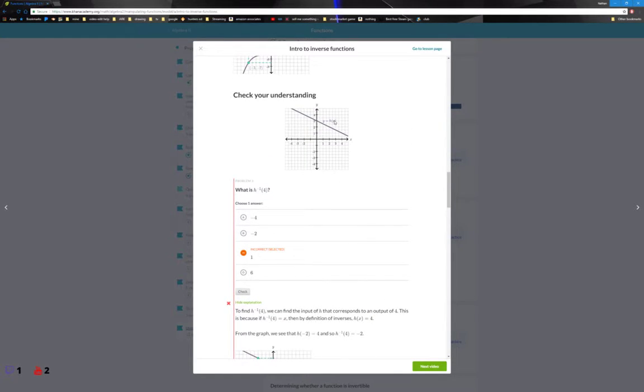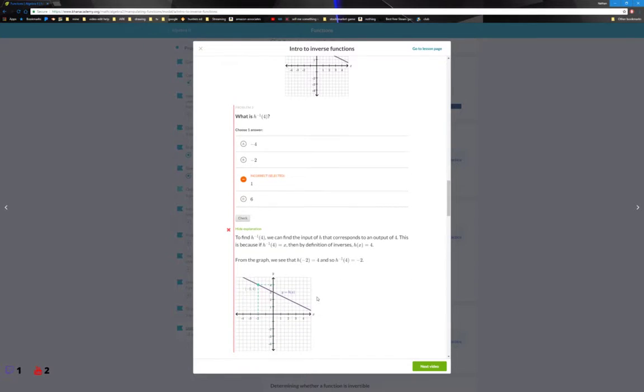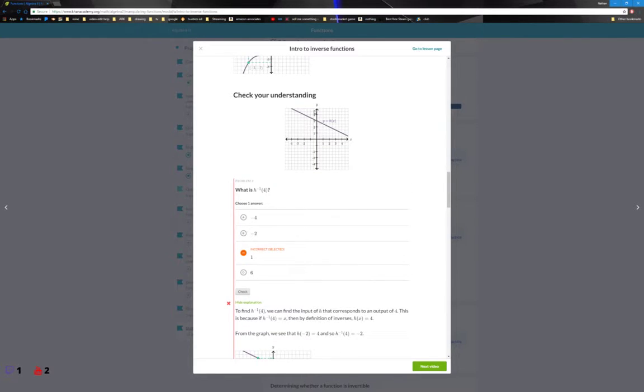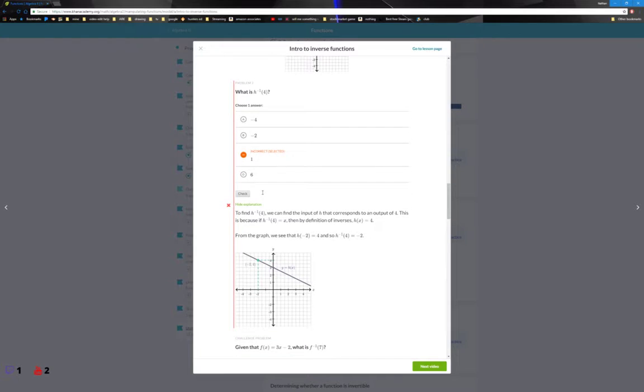Whatever is inside the parentheses in x, that's going to be the y-axis. So we need to find where the inverse would equal 4. From the graph, we see that h of negative 2 equals 4, so h inverse of 4 equals negative 2.